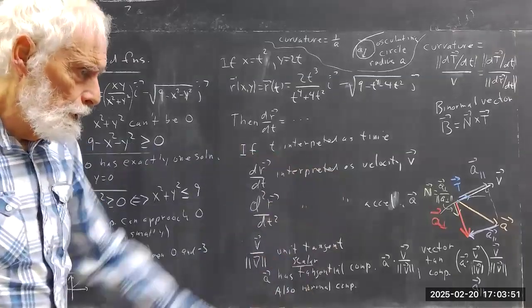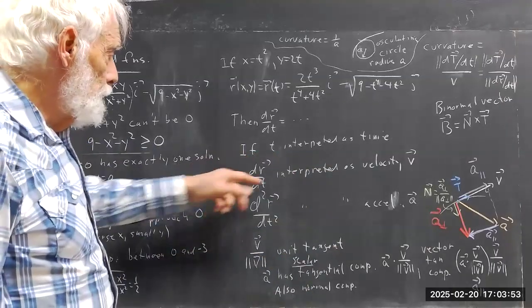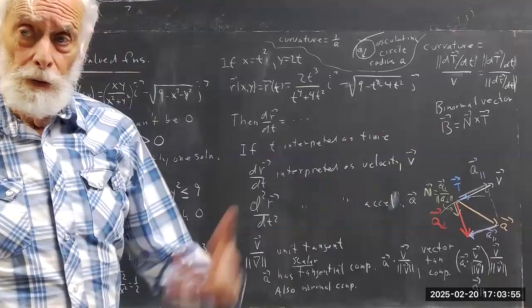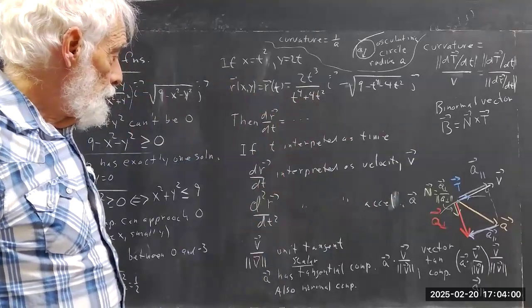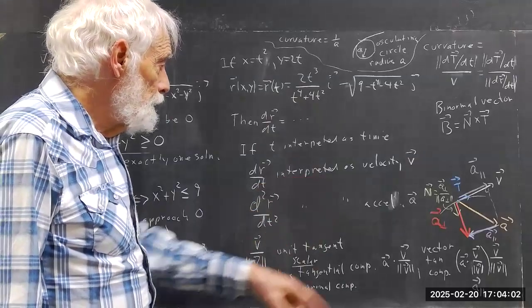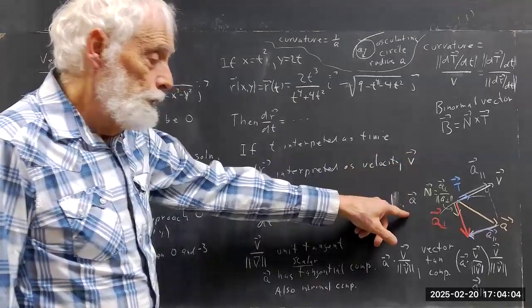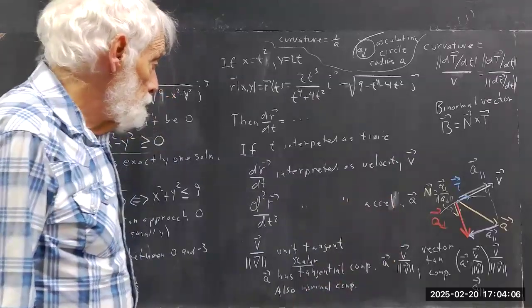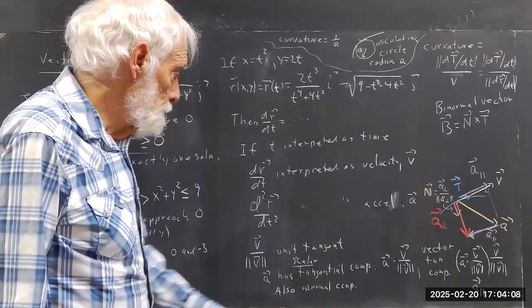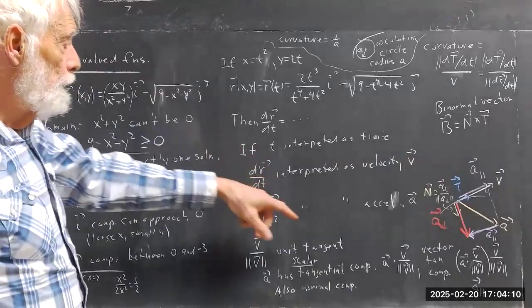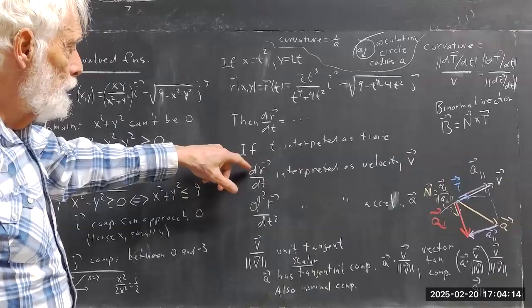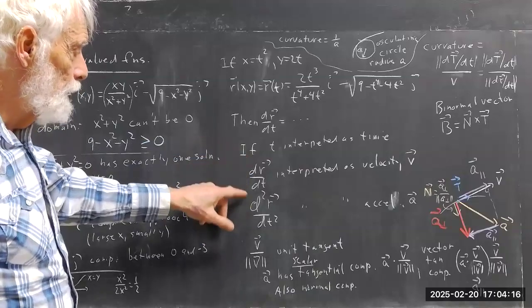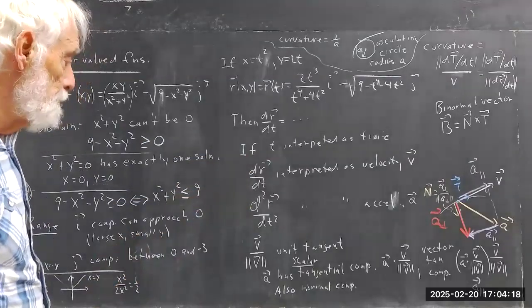Now, if t is interpreted as time, then dr/dt can be interpreted as a velocity, the rate of change of position. In that case, if we take a derivative of the velocity, we get the acceleration. That would be the derivative of dr/dt, which would be the second derivative of r with respect to t.